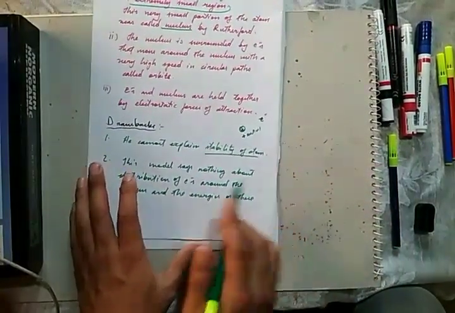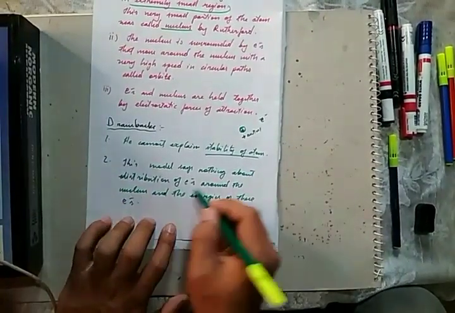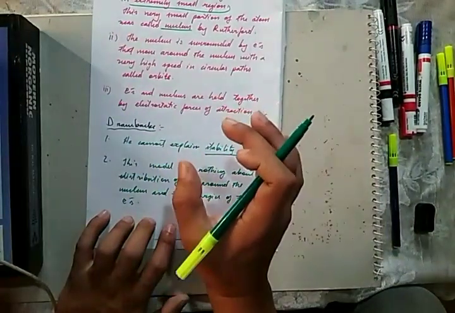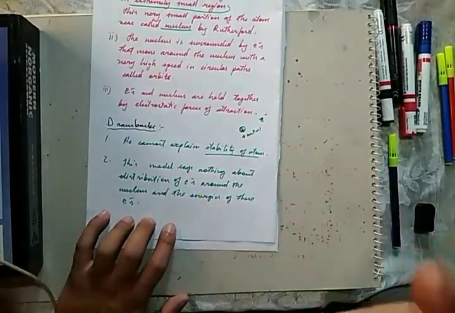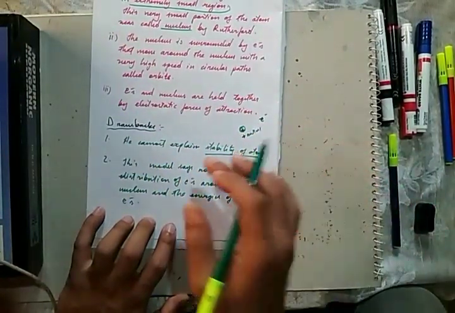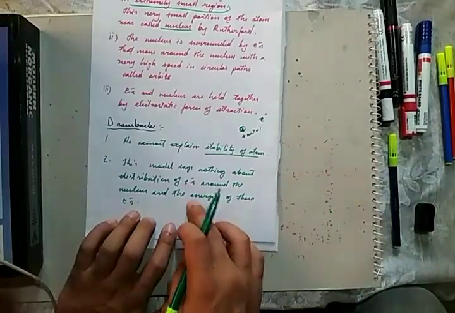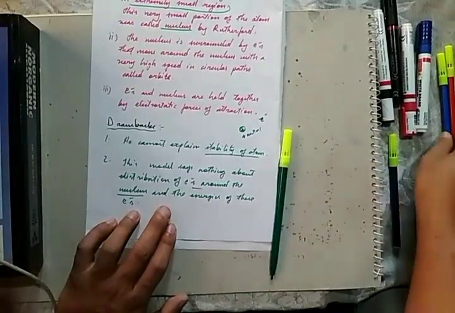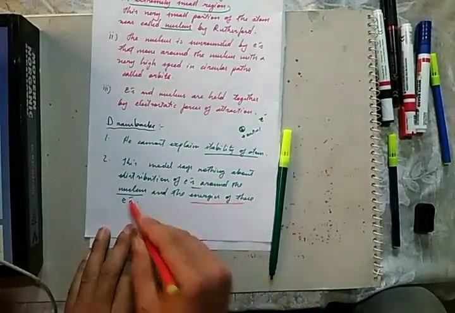Next point: this model says nothing about the distribution of electrons, how electrons are distributed around the nucleus, and the energies of the electrons.